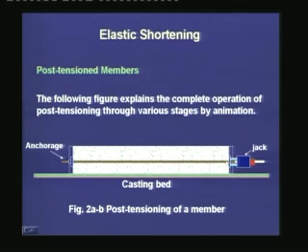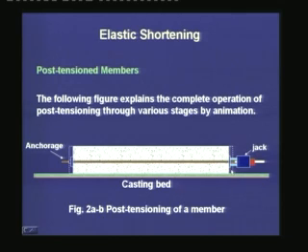Once this member has come to a stable length, we record the jacking force, and hence whatever shortening has occurred will not get reflected in the value of the force recorded by the jack.